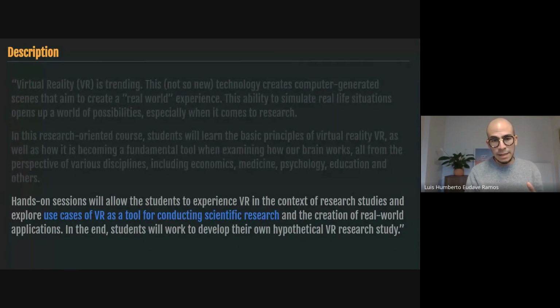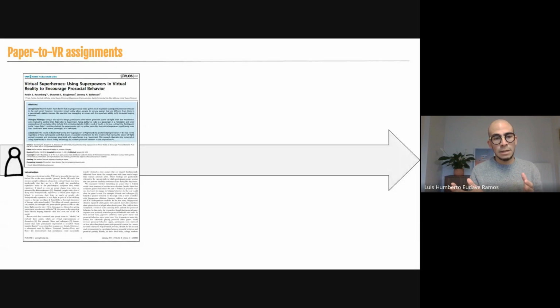This means that I have looked for experiments, simple experiments that have used virtual reality in order to solve straightforward questions, so that it's not very hard to understand, but still fun to read about and learn about.